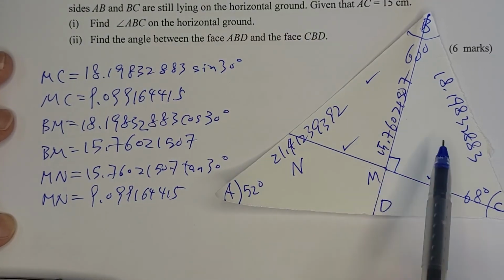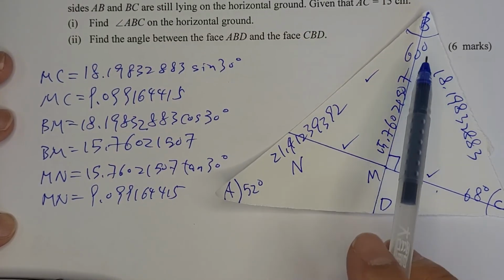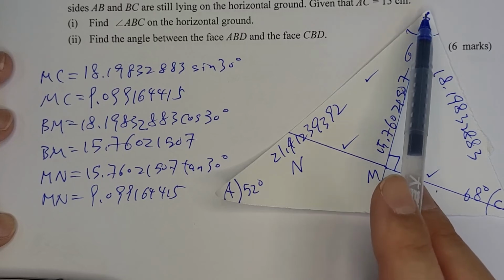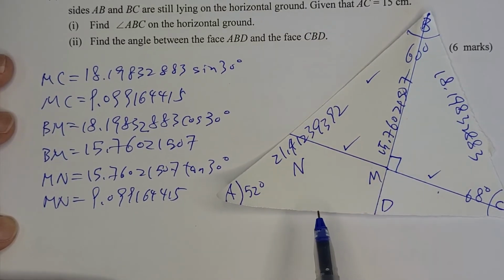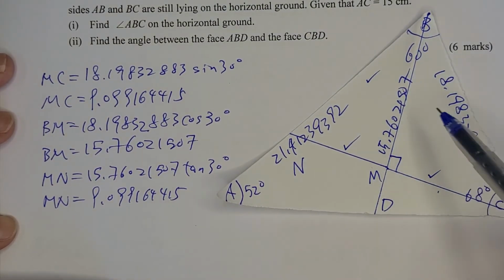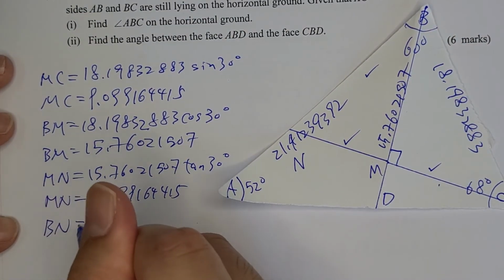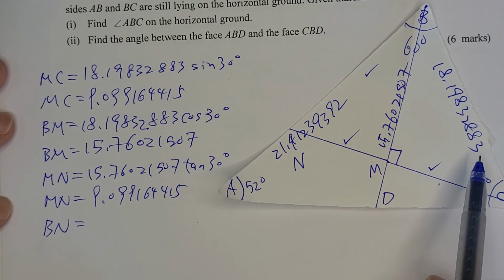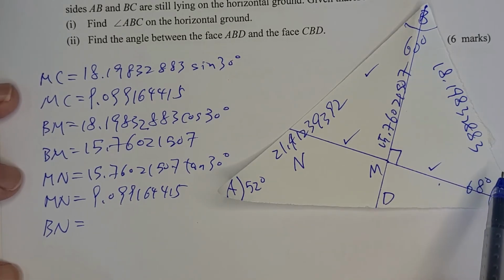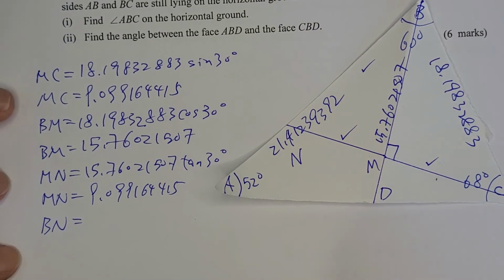And of course you can see that these two triangles are congruent. Actually these two have the same angle, common line, right angle. So this line BN is predicted as 18.19 something. Okay, so let's see whether it is true.